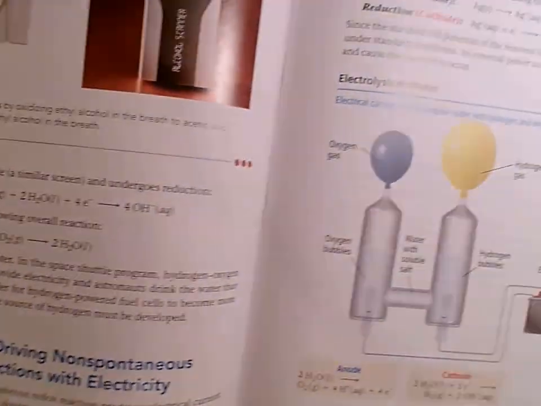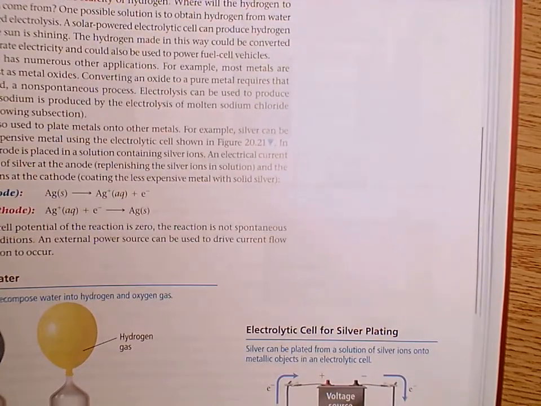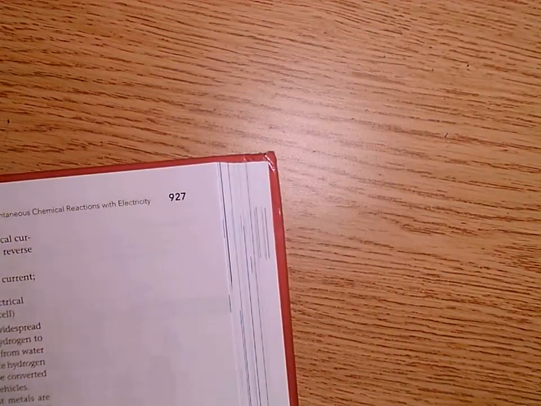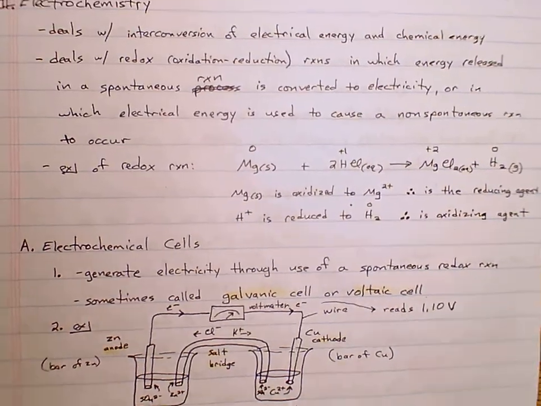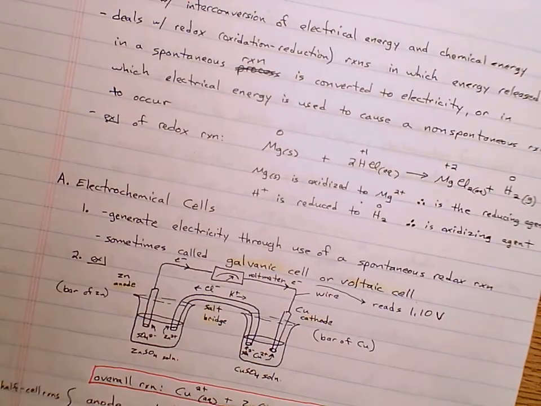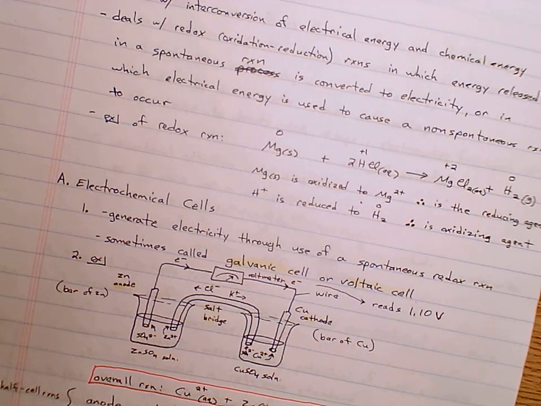All right. Well, we talked about, with our lead acid battery very briefly, getting a non-spontaneous reaction to go. In our next video, we will start looking at getting non-spontaneous reactions to go by adding electricity to the system.